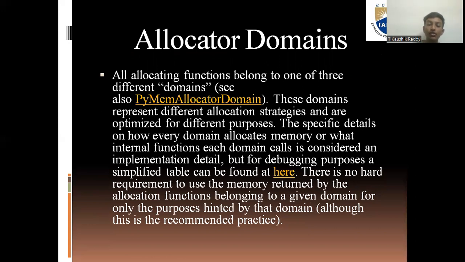The specific details on how every domain allocates memory or what internal function each domain calls is considered an implementation detail, but for debugging purposes a simplified table can be found here. There is no hard requirement to use the memory returned by the allocation functions belonging to a given domain for only the purposes hinted by the domain, although this is a recommended practice.